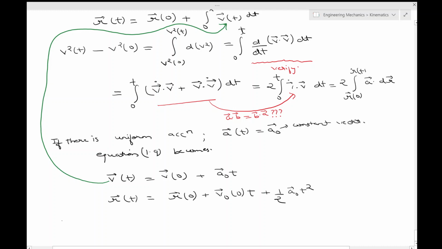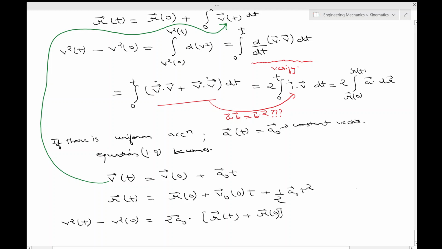And finally the last one can be written as v square of t minus v square of 0 equal to 2 a naught dot r of t minus r of 0.